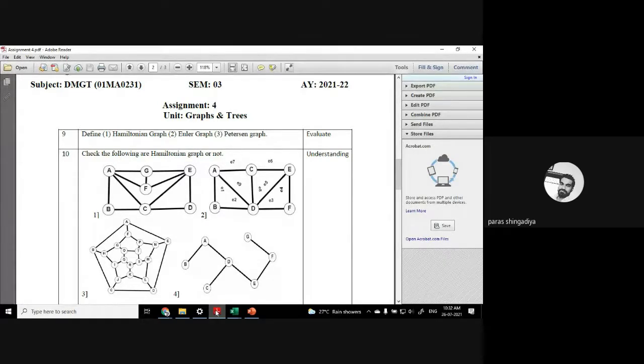Okay. So here this graph is Hamiltonian. Let's verify this. You just start with A, then B. Okay, A to B, C, D, E. Just complete the pentagon, and from E just enter the inside.